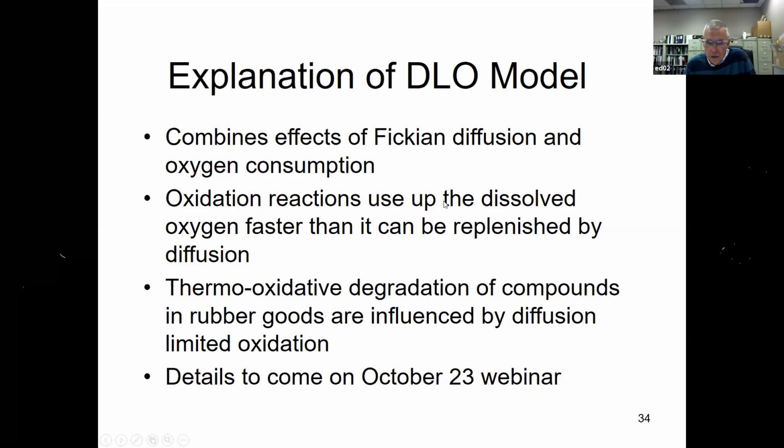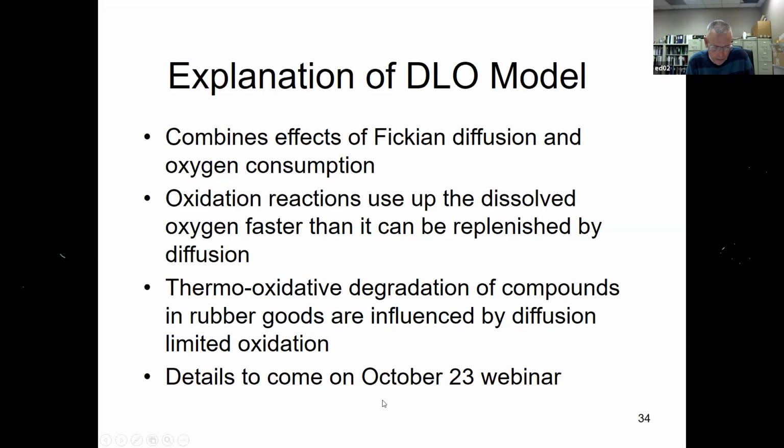Oxidation reactions use up the dissolved oxygen faster than it can be replenished by diffusion. Thermal oxidative degradation of compounds and rubber goods are often influenced by diffusion limited oxidation. So I said that the details are to come. I'm going to describe the diffusion limited oxidation model in the October 23rd webinar.